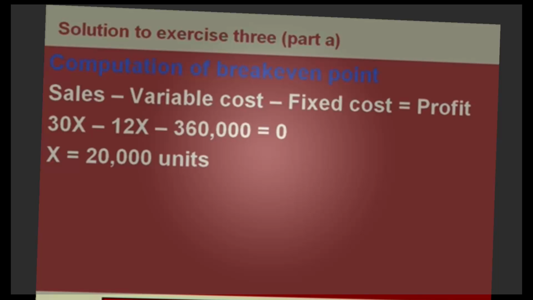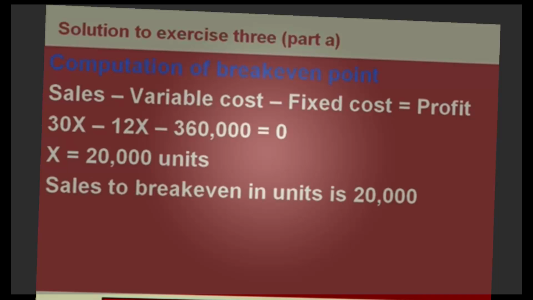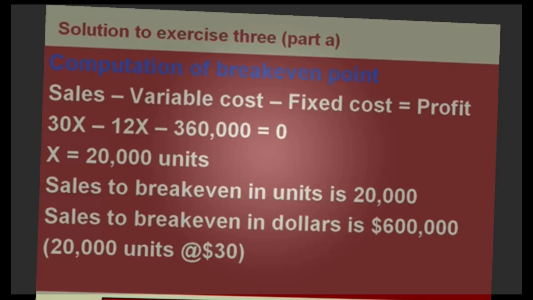If you want to convert it to dollars, what would you do? You know the selling price is $30 a unit. So repeat, sales to break even in units is 20,000 units. Sales to break even in dollars is $600,000 because it's 20,000 units at $30 per unit.